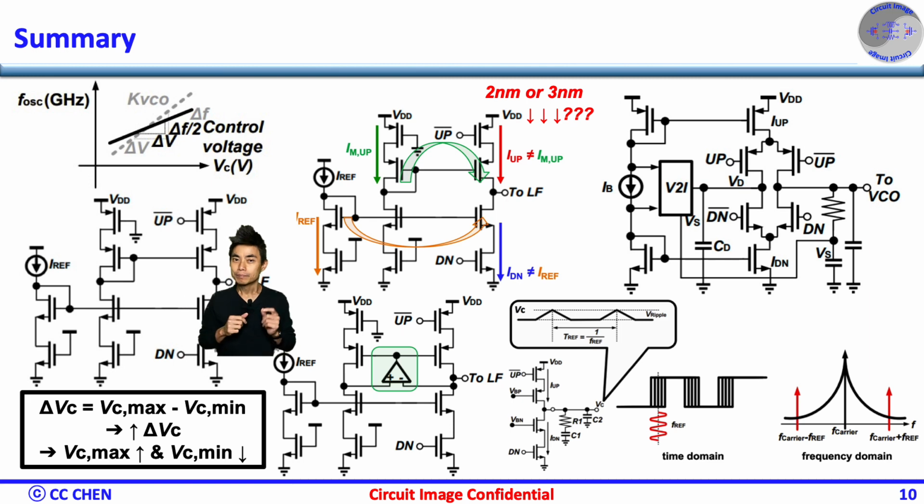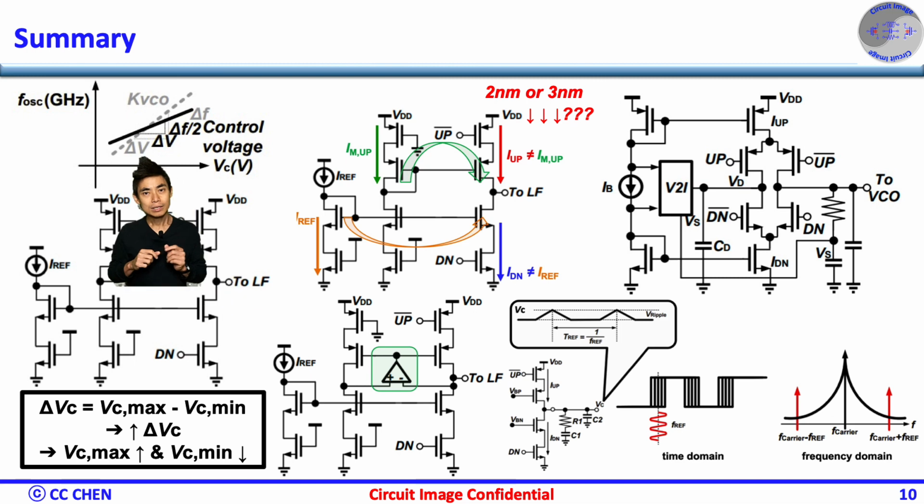The charge pump is an interface converting the late or early phase between the VCO and reference clock phase into the up or down current to charge up or pull down the VCO control voltage to speed up or slow down the phase. We must have a design trade-off between the VCO and charge pump.